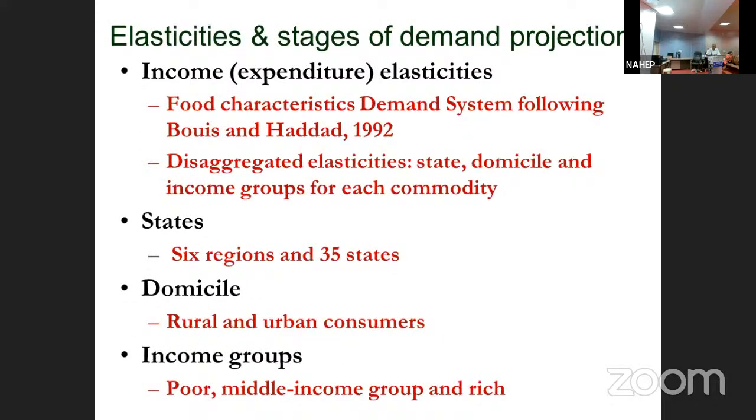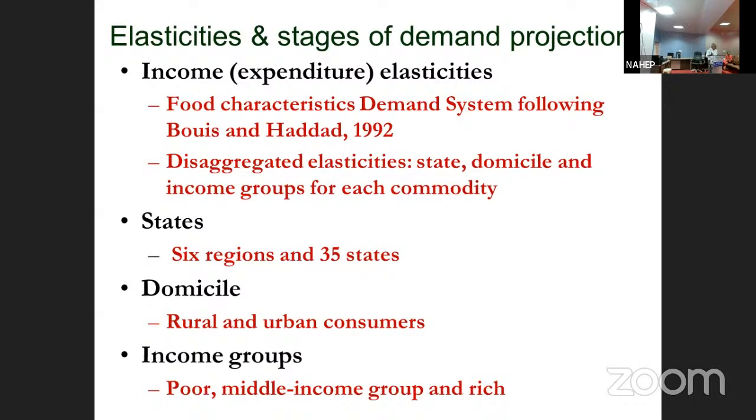Then income elasticities. We need the income elasticity. Then the question comes: how disaggregated should the income elasticity be? Shall I compute by state? Shall I compute for the country as a whole?